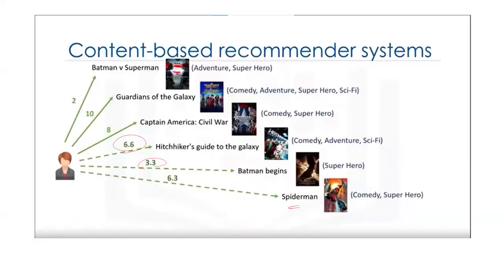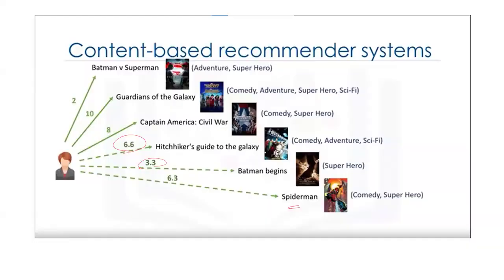Indirectly, what we are doing is predicting the ratings, predicting whether that person would like that particular movie or not, based on the past pattern of the movies she has watched.